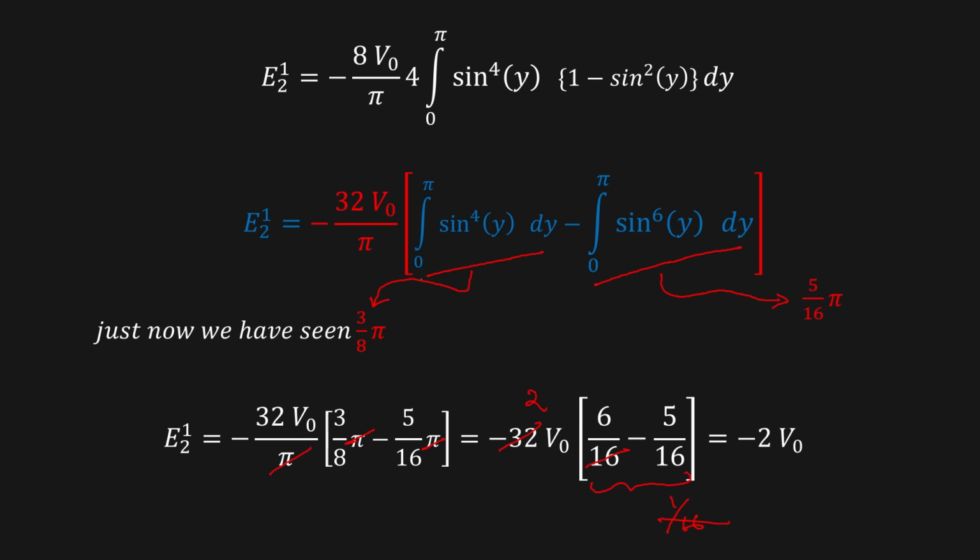So you will get the final answer as minus 2 V naught. So this is the first order excited energy correction.